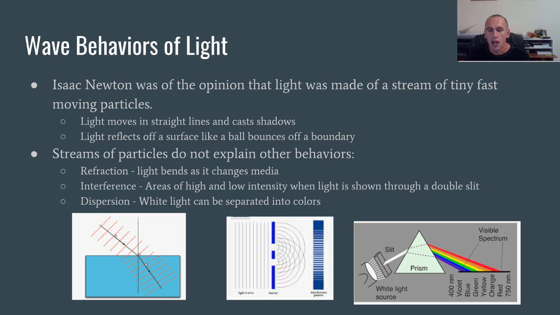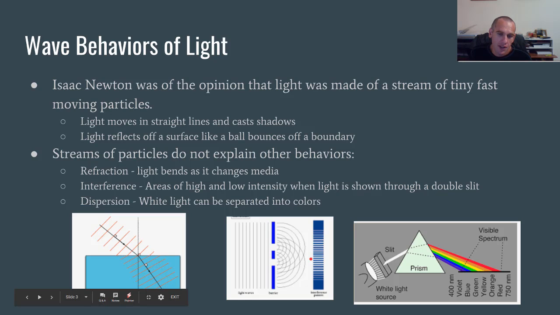But then there was a guy, Young, who did this double slit experiment where he took one stream of light, and that's what these lines represent here, and shined it through a double slit pattern, and because of that he got areas of high and low intensity, or bright and dark, on a screen.